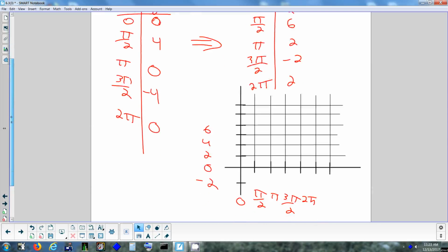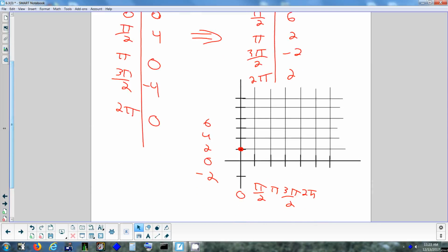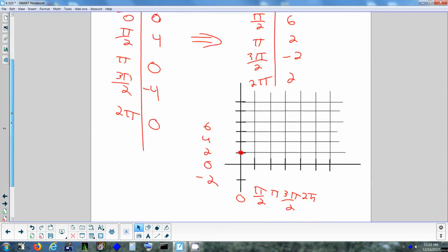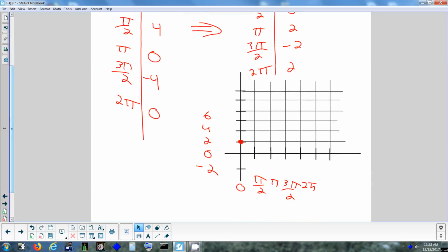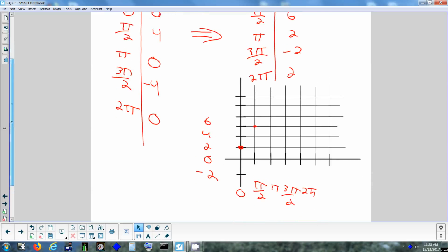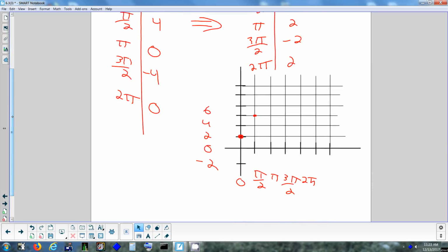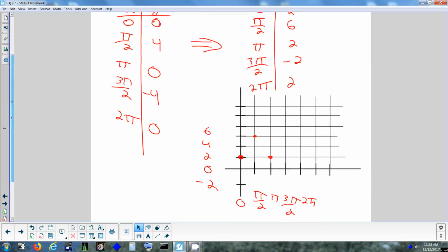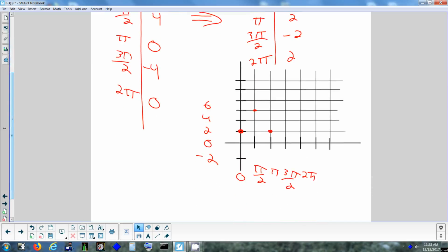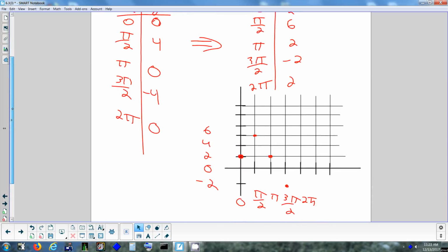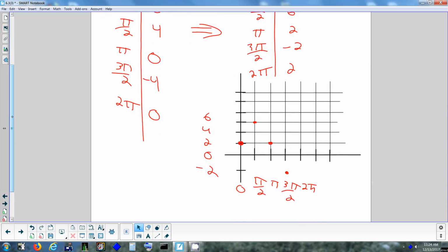Okay, so graph your points. 0, 2, pi over 2, we're up at 6, pi, we're back at 2, 3 pi over 2, negative 2, about right there, and then 2 pi, back at 2. There's your sketch.